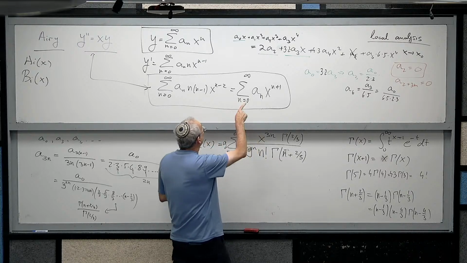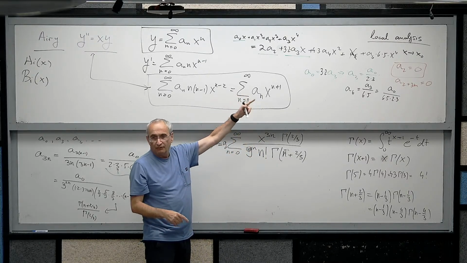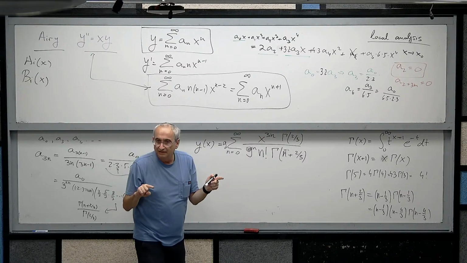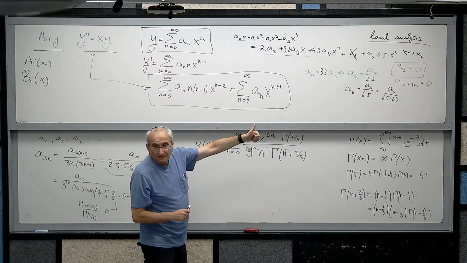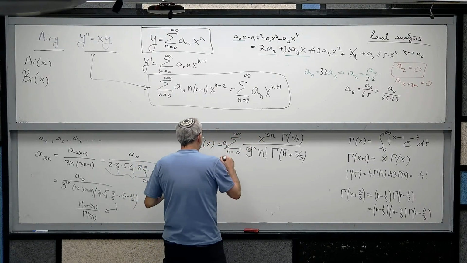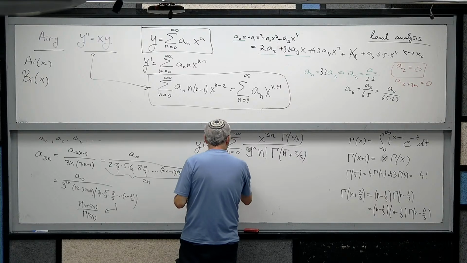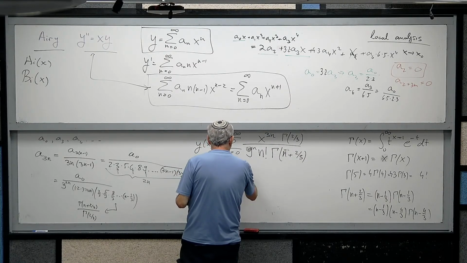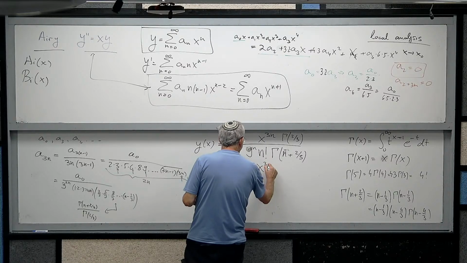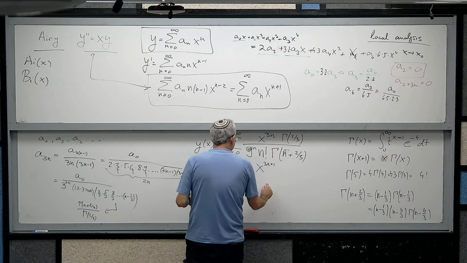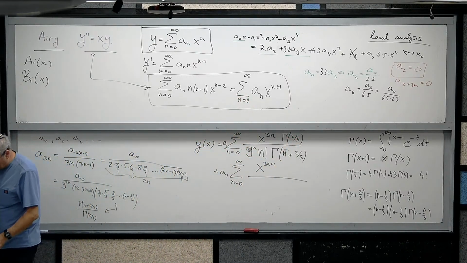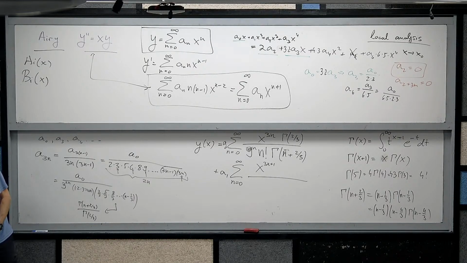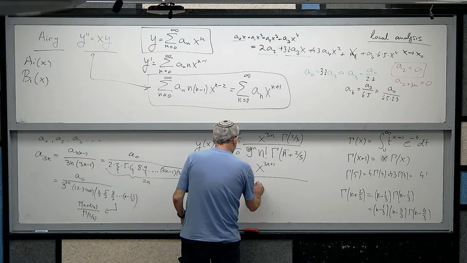But in principle this is the answer, and for the record, I will not make the derivation of the other. We said we must have two independent solutions, so this is one of the solutions that comes from 0, 3, and so on, and we have another solution, let's call it A1, which comes from n equals 0 to infinity, x to the 3n plus 1, divided by, and you are invited to make the calculation, again 9 to the n.